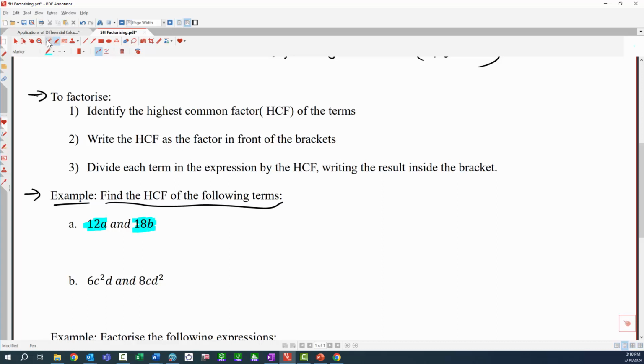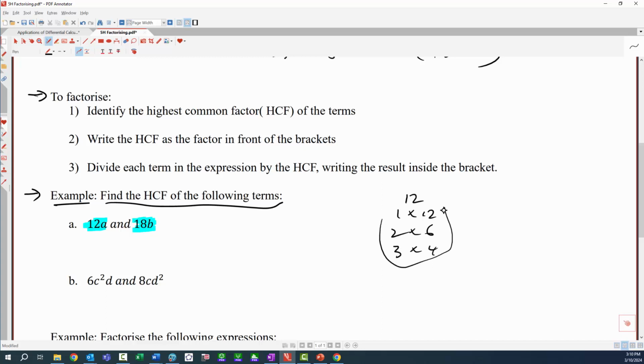And what we're thinking about is the value or the number that will go into both of these terms, the highest possible number and or letter. So we can see here that we've got a 12 and an 18, all right? And I know something about those two numbers. When it comes to factors of 12, remember we've got 1 times 12, 2 times 6, 3 times 4.